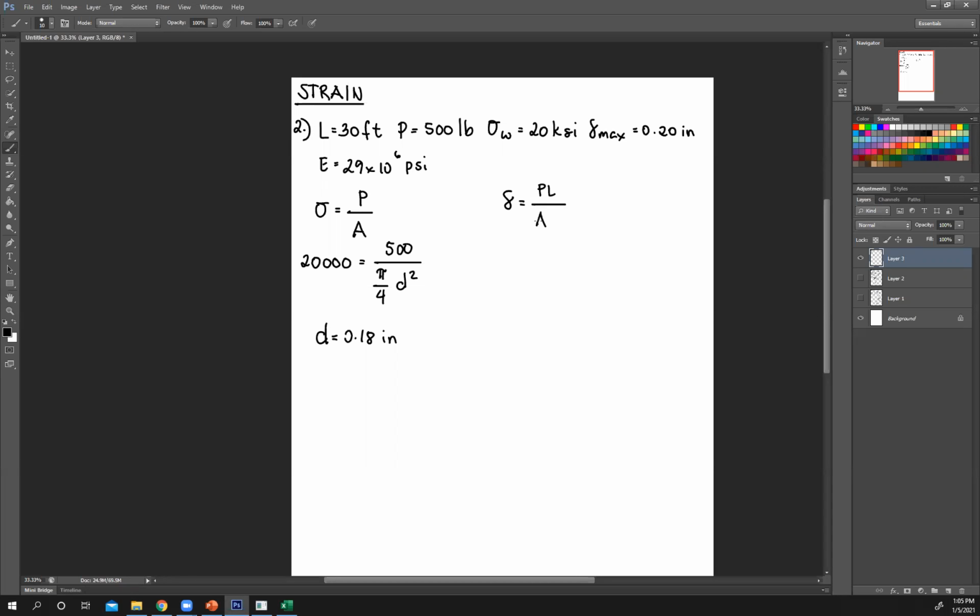So PL over AE is limited to 0.20 inches. PSI is in inches, so no need to convert. Again, P is 500 pounds. Length is 30 feet. Convert feet to inches.